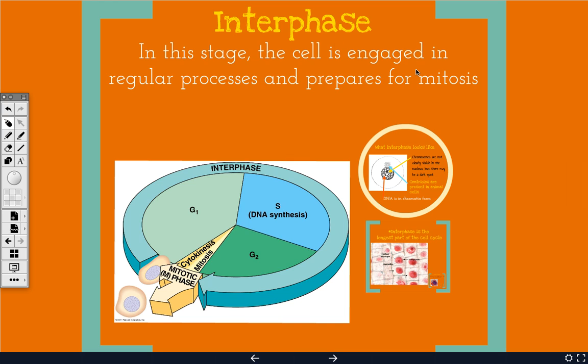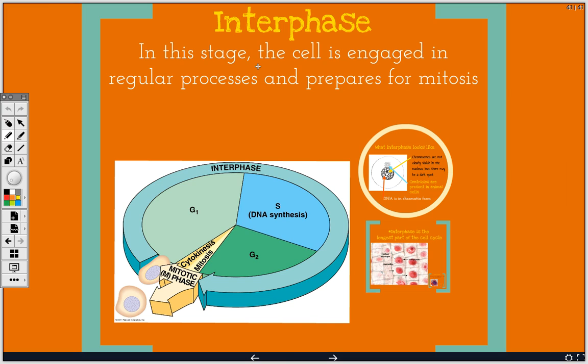So, interphase. In this stage, the part that you're going to write down is that the cell is engaged in regular processes and prepares itself for mitosis. For example, a muscle cell is going to be performing its regular process of working for us, lifting things or helping us walk.